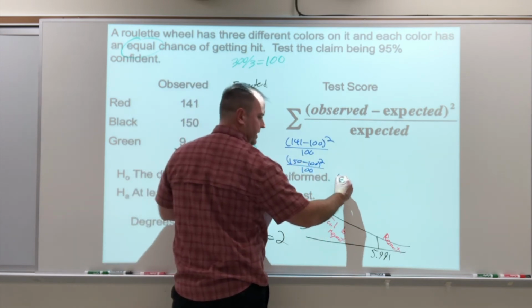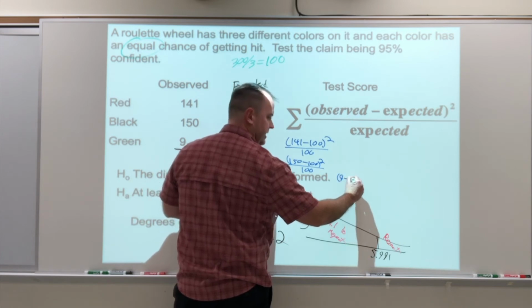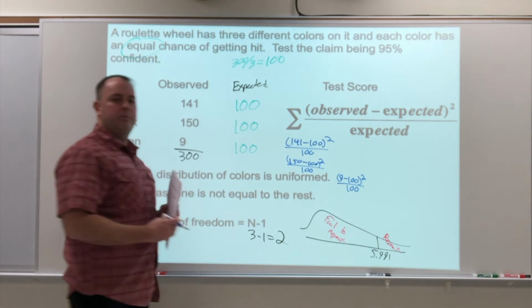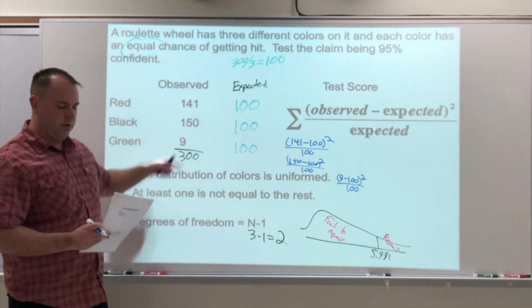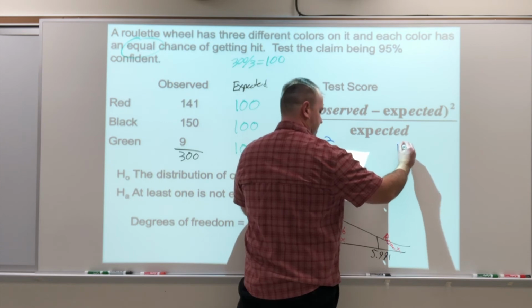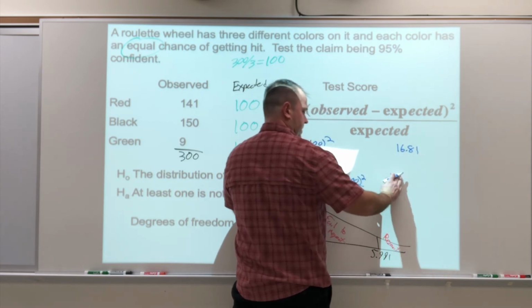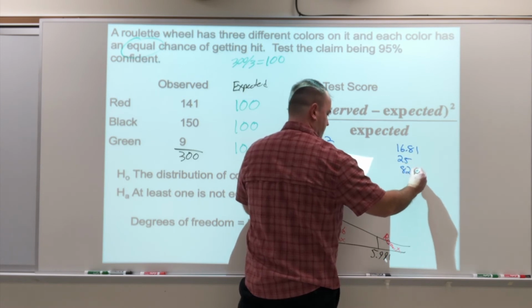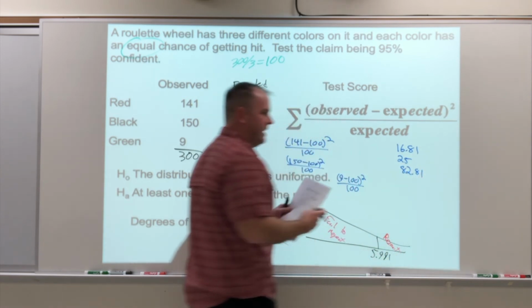And then the last one is 9 minus 100 squared divided by 100. That's how I get my three test statistics, 1, 2, and 3, and they should be 16.81, 25, and 82.81. And that should make sense.